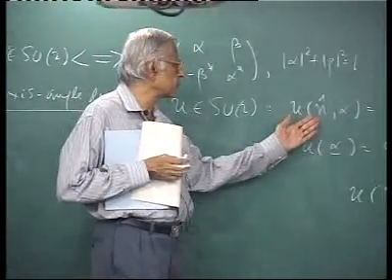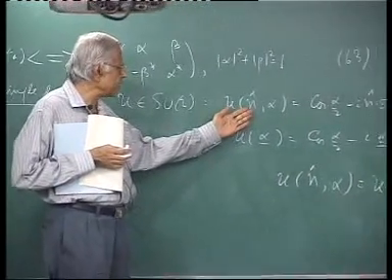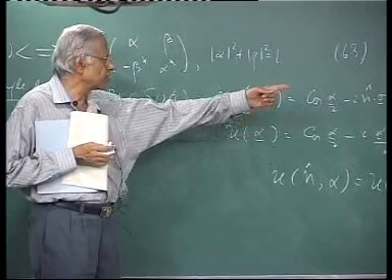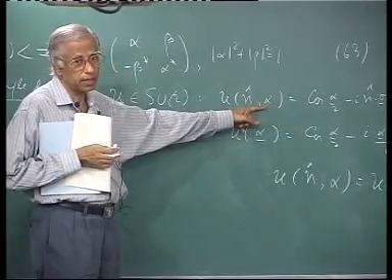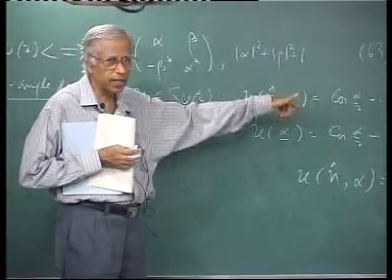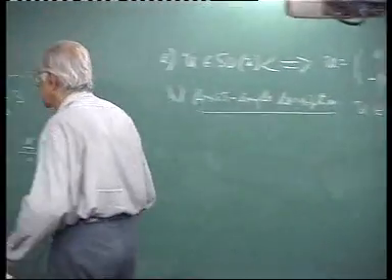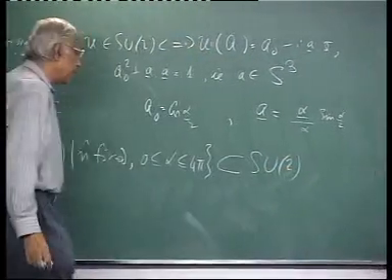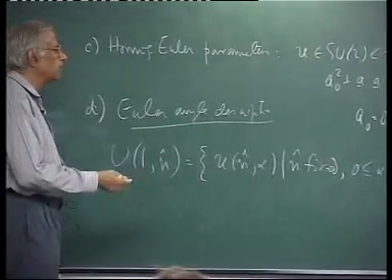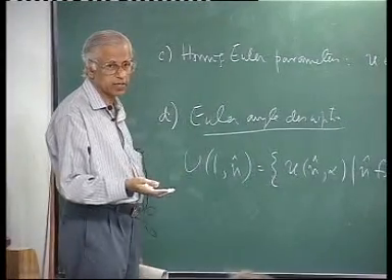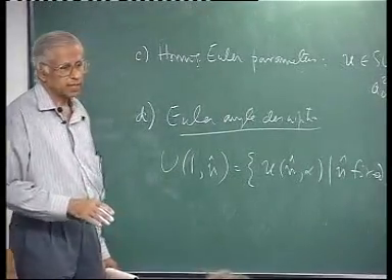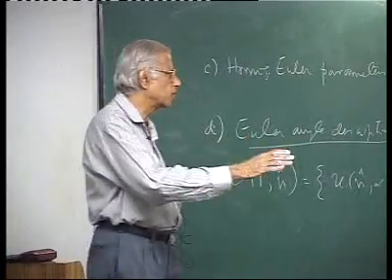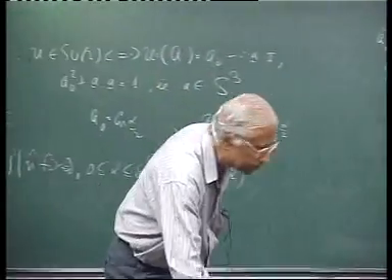You take all these 2 by 2 matrices, keep n always fixed, but allow alpha to take all possible values, not only up to 2 pi, but up to 4 pi. Then you will get a full subgroup. This is called the U1 subgroup with n as axis. And as you vary n, you get different U1 subgroups. It is exactly analogous to thinking of two-dimensional rotations in various planes as subgroups of three-dimensional rotations.